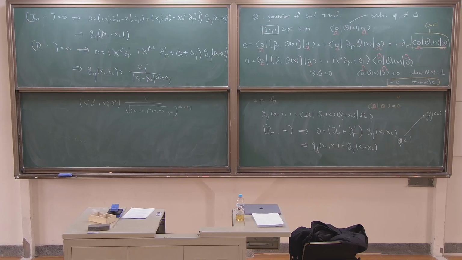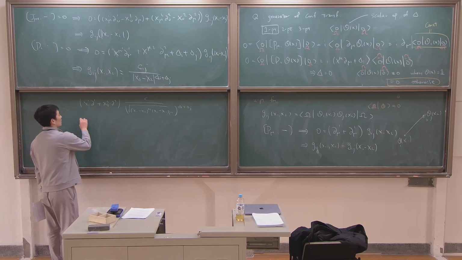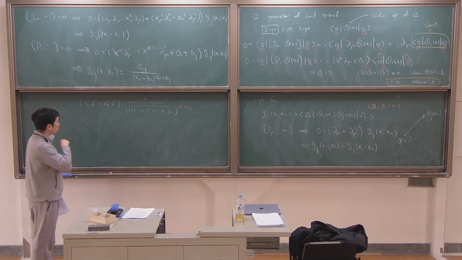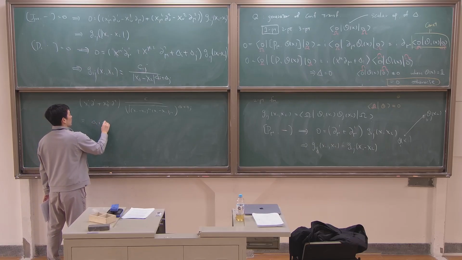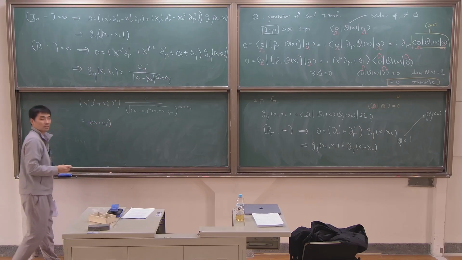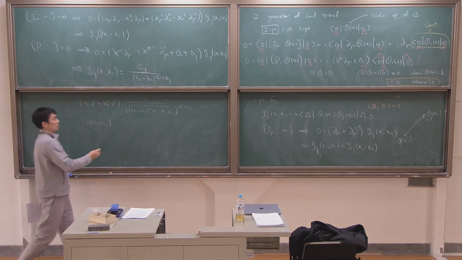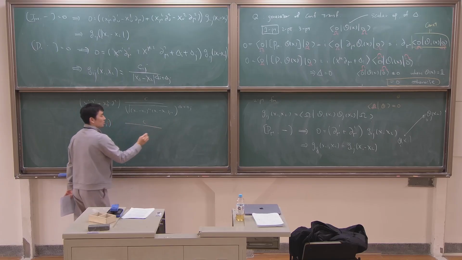Then what you really get is delta_i plus delta_j minus delta_i, which is what you need to get. It's easy to see, right?